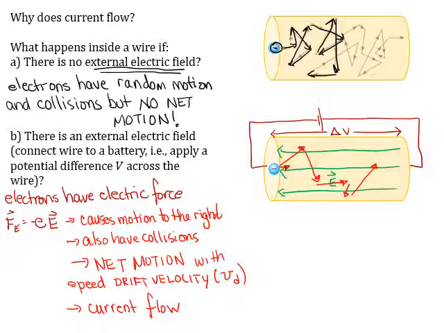We can also talk about how the current moves over space, and to do that we define what's called current density. So we'll define current density as the symbol of an uppercase J, and it's how much current flows past the area of the face of the wire.